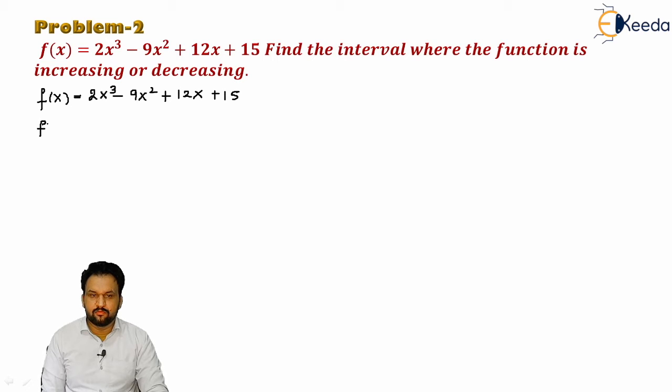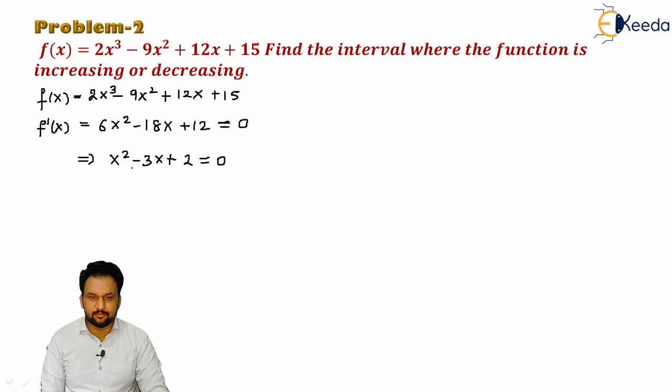The first order derivative gives 6x square minus 18x plus 12. Now substitute the first order derivative equal to 0. Then 6 will be common, and we get x square minus 3x plus 2 equal to 0. This is your required equation.